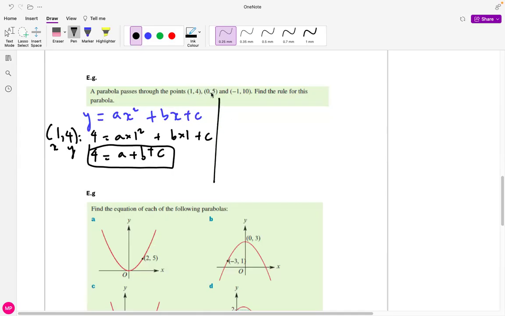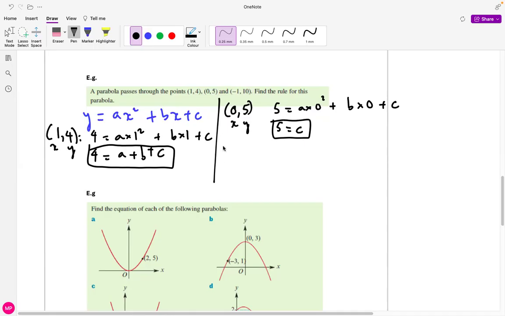Then you do the same thing for the next point, 0 and 5. Sub 0 for x, sub 5 for y. So 5 equals a times 0 squared plus b times 0 plus c. These become 0, so I end up with 5 equals c.